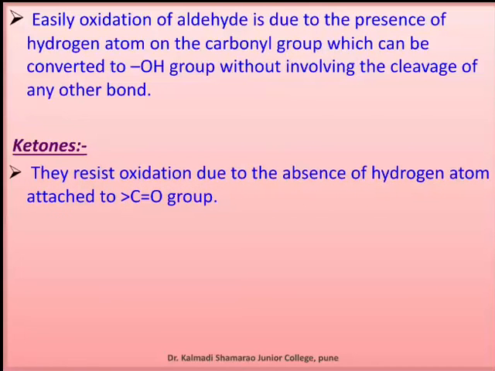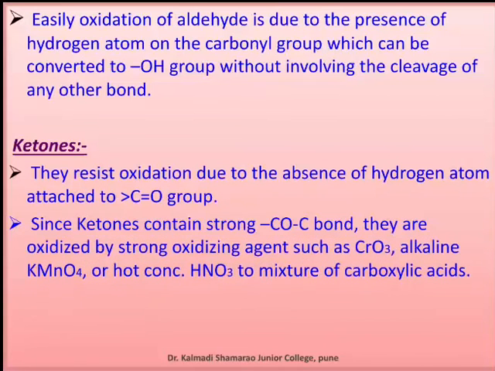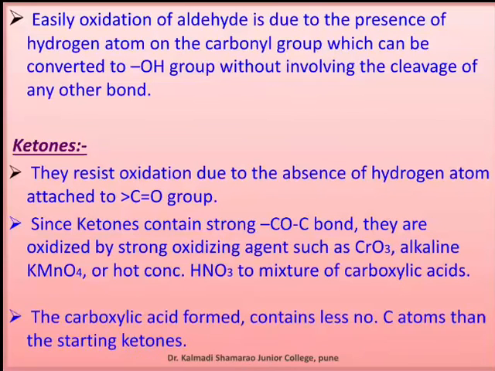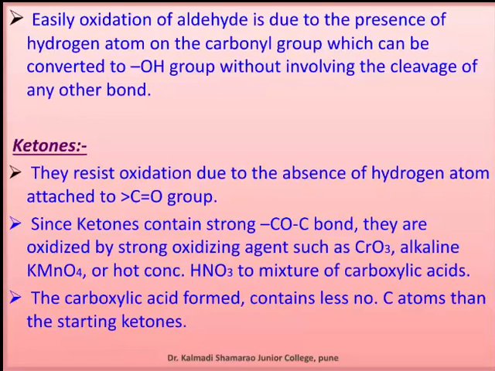Whereas ketones resist oxidation due to the absence of a hydrogen atom attached to the carbonyl group. Since ketones contain a strong C-C bond, they are oxidized by strong oxidizing agents such as CrO3, alkaline KMnO4 or hot concentrated HNO3 to a mixture of carboxylic acids. The carboxylic acid formed contains fewer carbon atoms than the starting ketone.